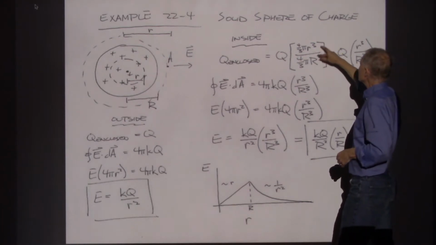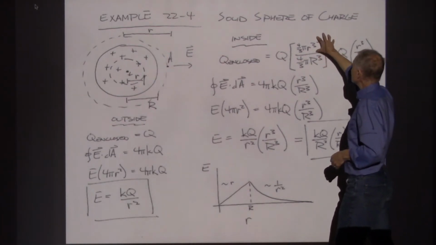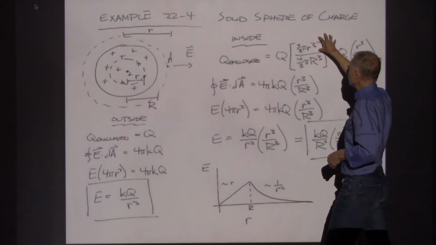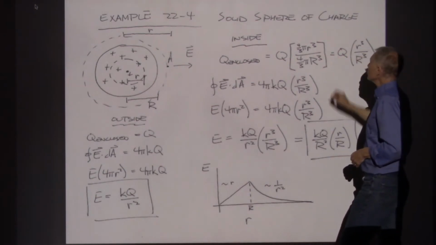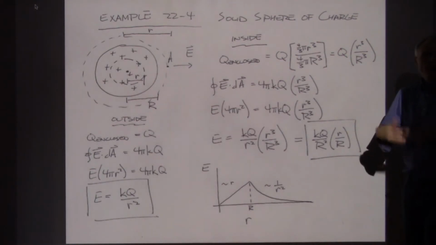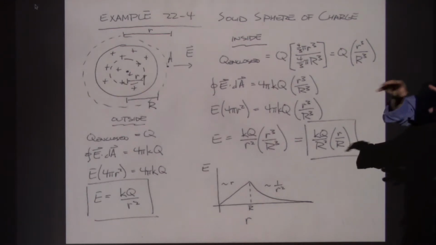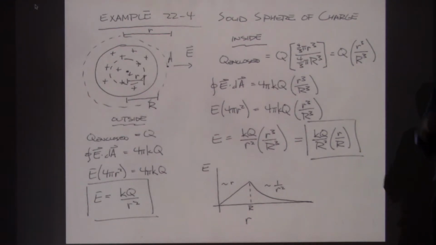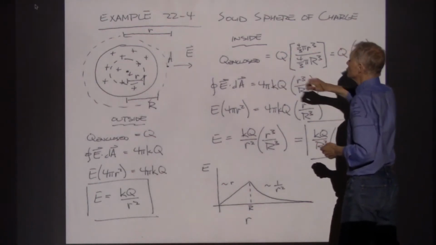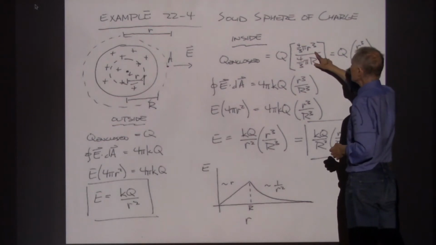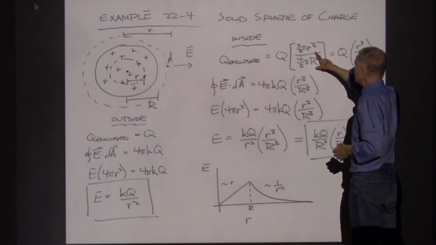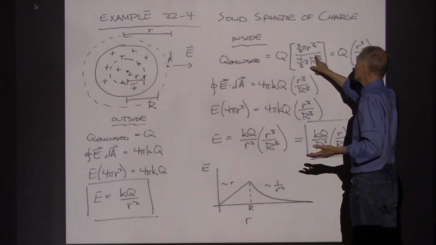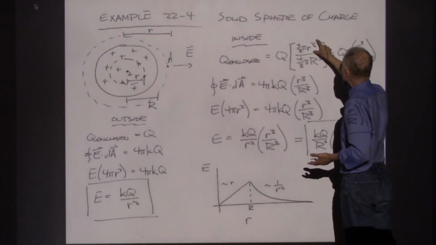This ratio tells me what fraction of the total volume has been enclosed, because we assume the charge is uniformly distributed. So if I can get a ratio of the volume enclosed to total, I can get an expression for the enclosed charge. The volume of a sphere is 4/3 pi r cubed, divided by 4/3 pi big R cubed, the volume of the entire sphere.